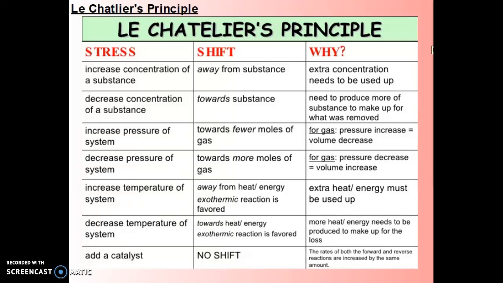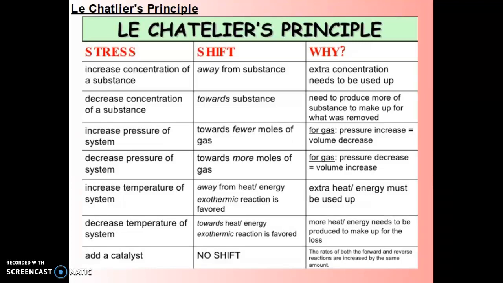So here are some of the different things we could change in order to shift the reaction, like what we're talking about with Le Chatelier's principle. You could increase the concentration of a substance, like we just did with C. You could decrease the concentration, so take away something. If you were to take away something from one side, that side would become lighter, and the other side would need to form product to be able to go back towards that substance and reestablish that equilibrium.